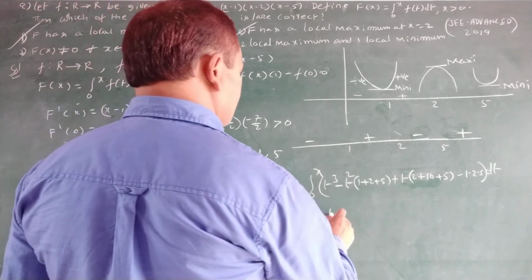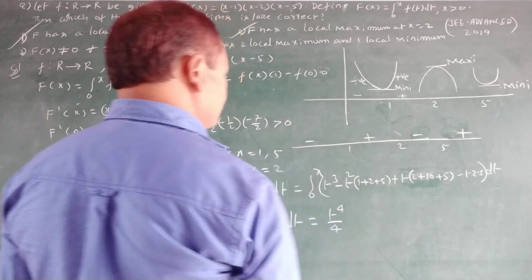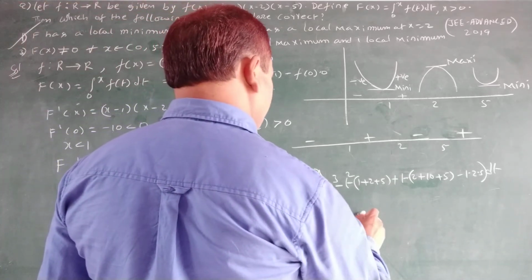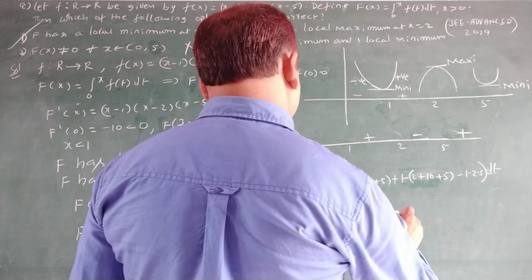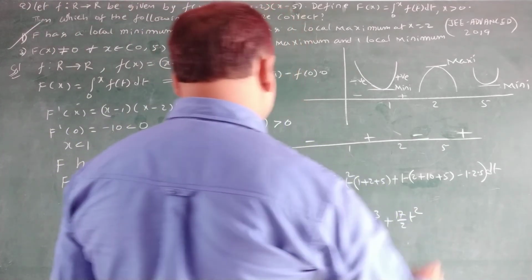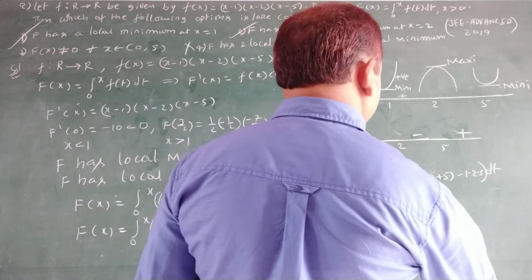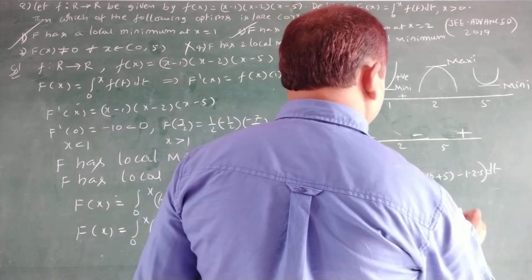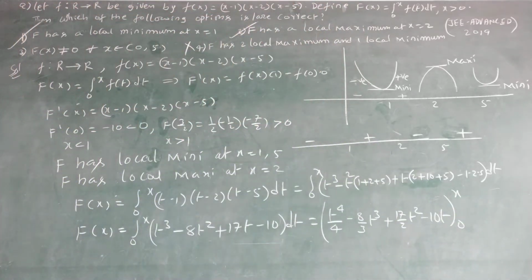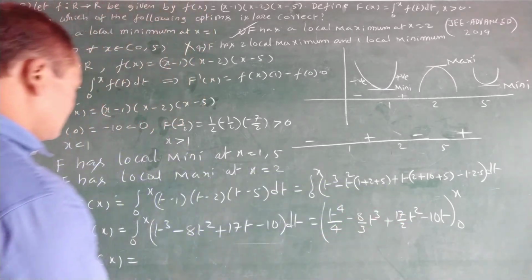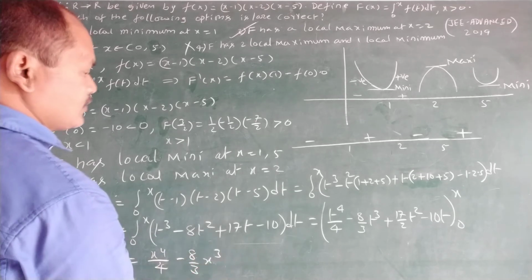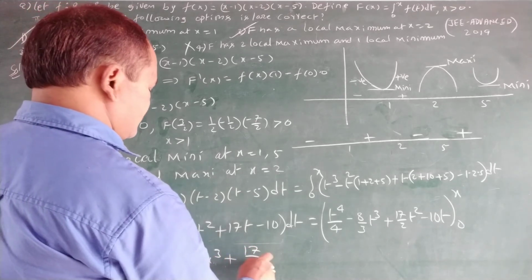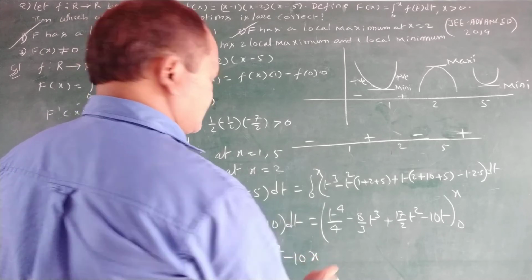Integrating, this is t power 4 by 4 minus 8 by 3 t cube plus 17 by 2 t square minus 10t between the limits 0 to x. That's why capital F of x is equal to x power 4 by 4 minus 8 by 3 x cube plus 17 by 2 x square minus 10x.